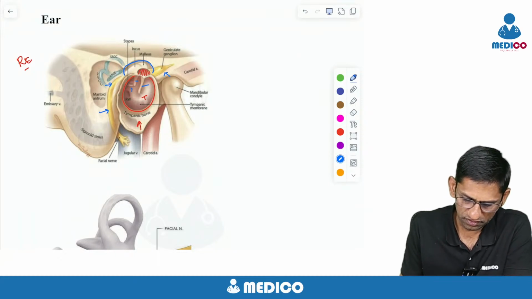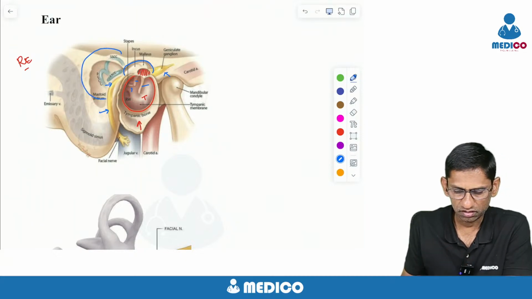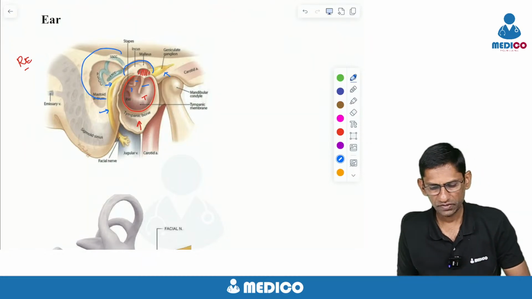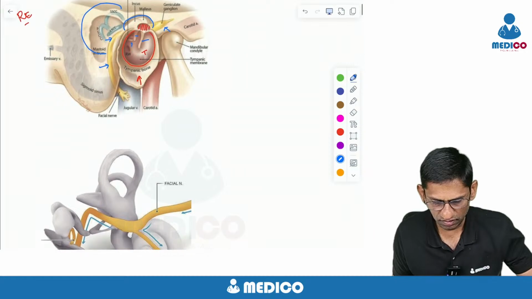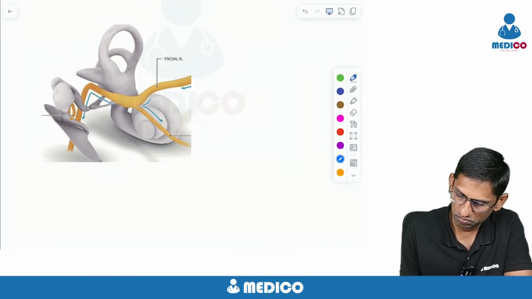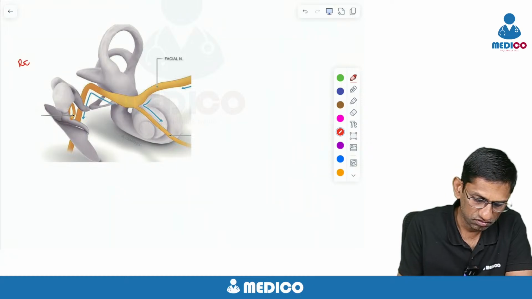And this mastoid is related to the semicircular canals, the posterior part of the inner ear, that we can see in the next picture. See again, this is the view, again the same right ear.